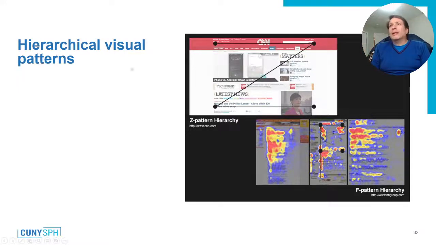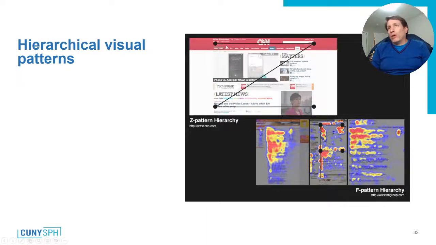The traditional visual patterns, especially for people who read from left to right and top to bottom, are the Z pattern hierarchy or the F pattern hierarchy. And how do they work?